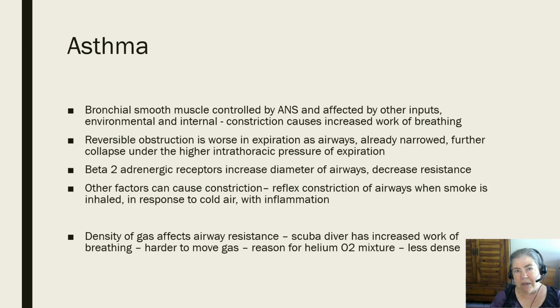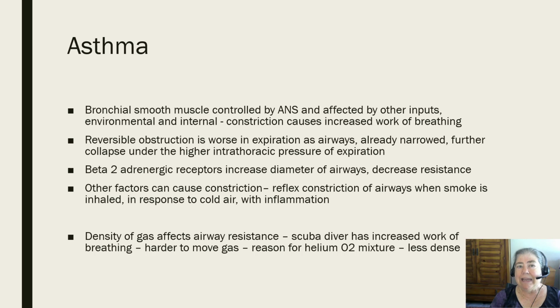One of the main treatments of asthma is with beta 2 adrenergic agonists, so that by triggering those beta 2 adrenergic receptors, we can increase the diameter of the airways and decrease resistance. Back in the old days, I don't know if you can even still get this, but when I was a kid, people with asthma used something called Primatene Mist, which was basically epinephrine in a mist.